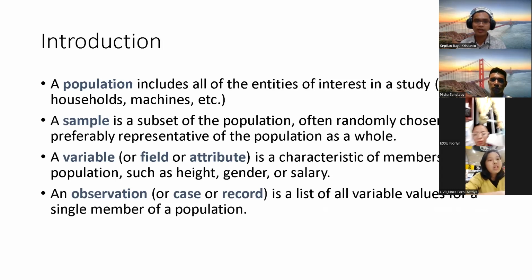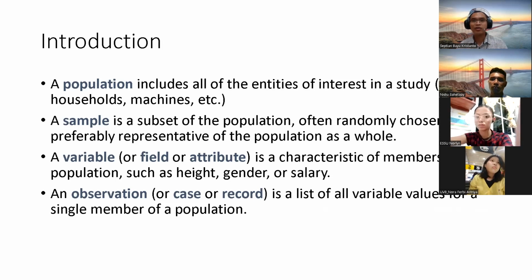So if we divide the population, we can find 1 sample, 2 samples, or 3 samples. And if we count all of the samples, we name it the population. So a sample is one piece or subset of the population that we can pick or choose randomly. In Indonesia, we call it the representative.